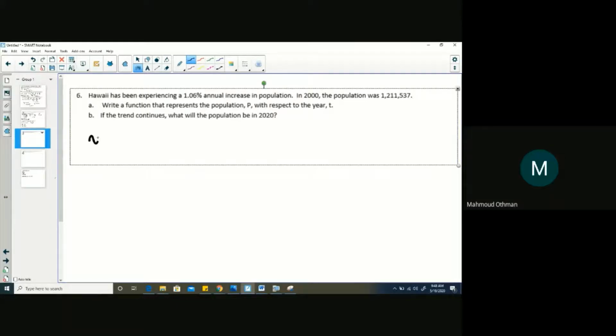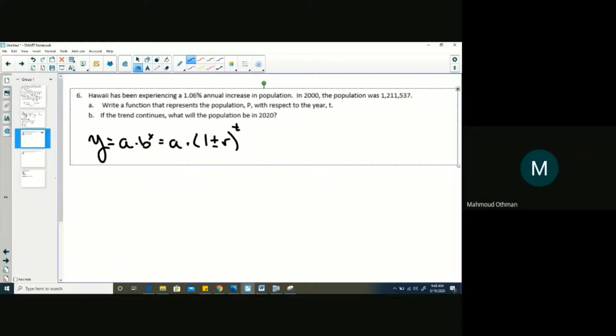So remember that y equals a times b to the x, which equals a times 1 plus or minus r to the t, where it's plus if it's increasing or growth, or minus if it's decreasing or exponential decay, and t is the same thing as x. So this 1 plus or minus r is the same thing as your b.